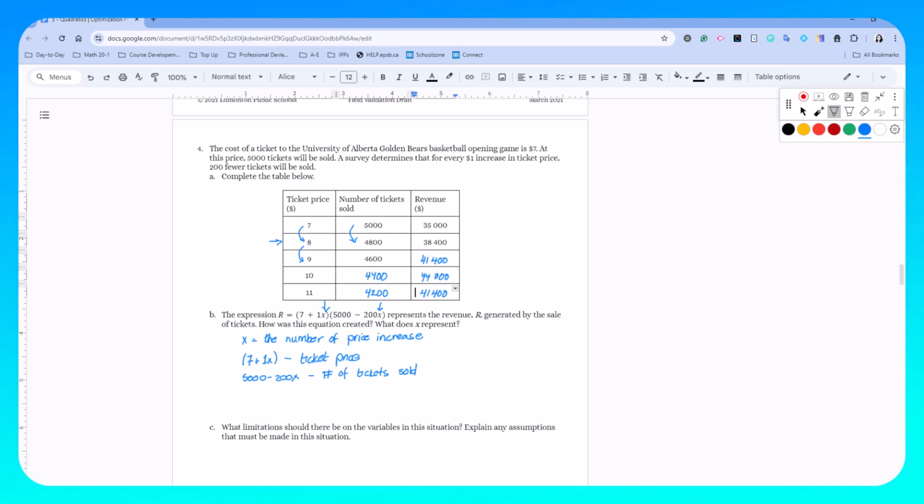And the revenue, or the money they take in, just equals the ticket price times the number of tickets sold.